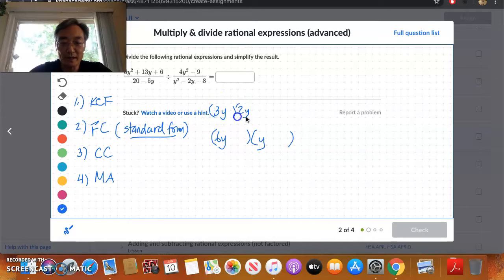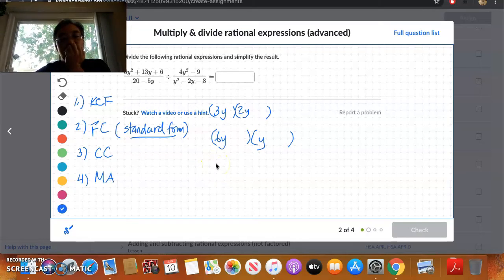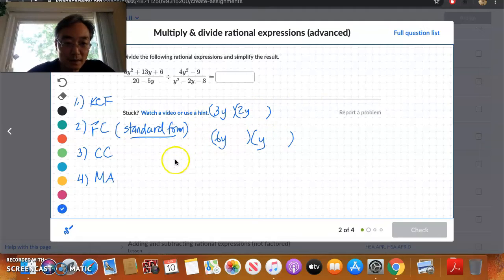So, I mean, it could be a combination of these. But I'm going to say, let's say, is that going to work? 6 and 12. So 3 and 2. I'll kind of play around with this.